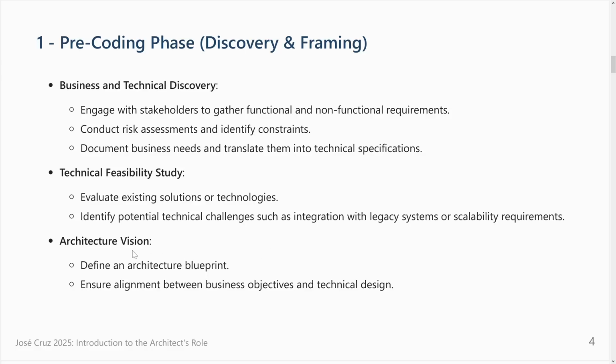Okay, and then architecture vision, of course, define an architecture blueprint. So you start with a draft, you do a design, and then you try to ensure alignment between business objectives and technical design. Meaning that when you do this blueprint, first, don't make it too technical, because you'll present it to business people. So general boxes, say, okay, this module communicates with this one and it's secure.